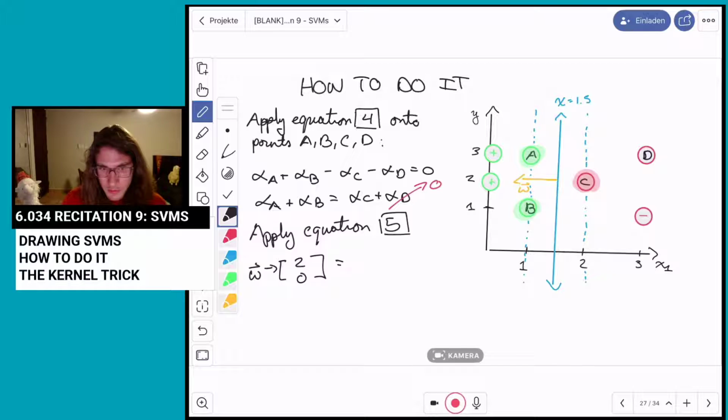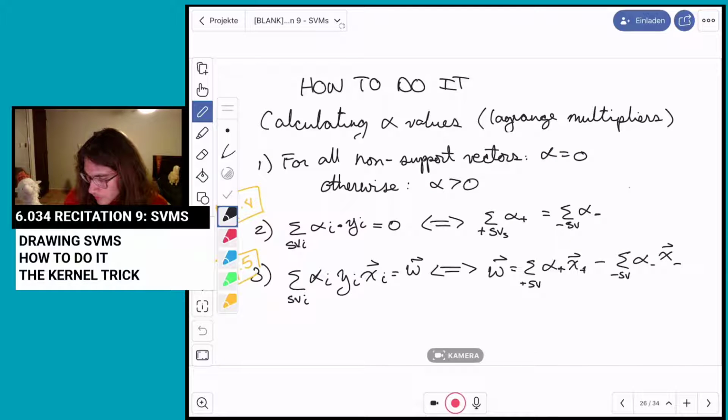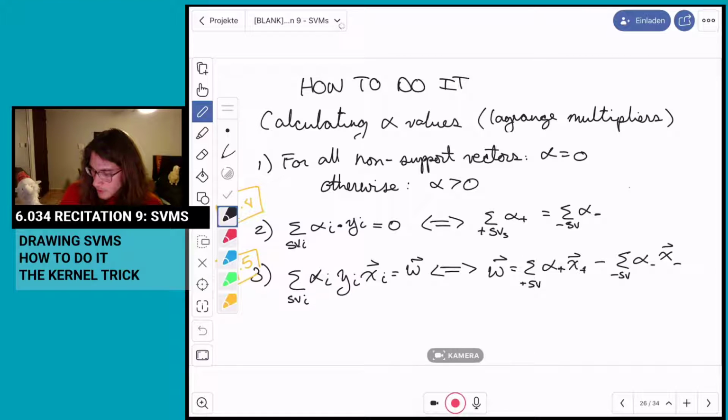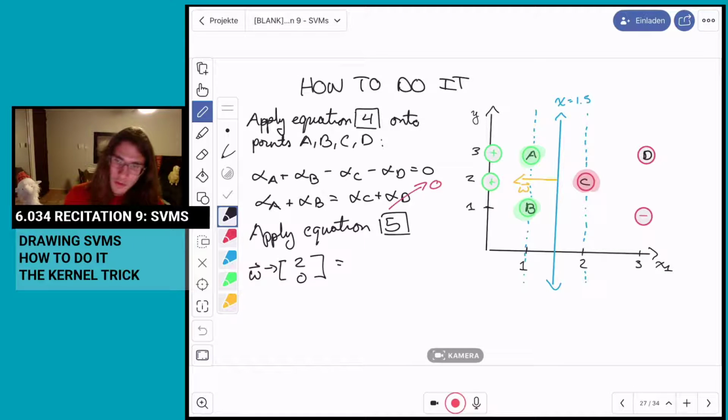And that is equal to, let's look at the equation one more time, the sum of the x's times their positive alpha values minus the x's and their negative alpha values, or the points that have the negative classifications. Okay, so let's do just that. Let me start with A, and A has coordinates (1, 3).